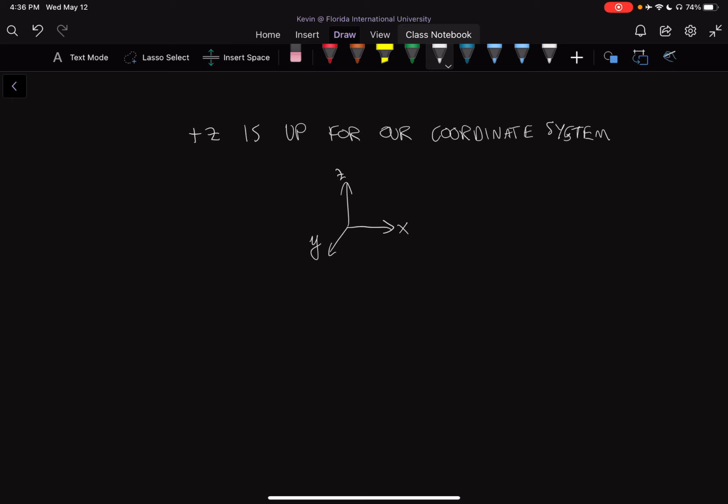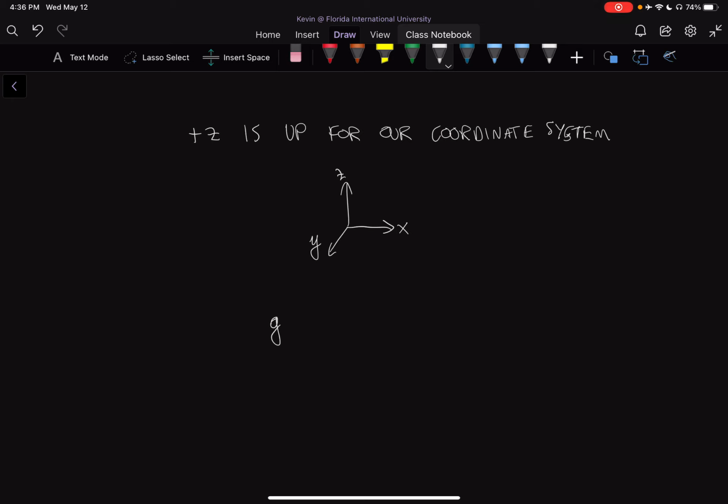So if we look at gravity and the direction of gravity, gravity is occurring in which direction? Can you tell me? Gravity is acting down. So it's not acting up, right? It's acting down, so it's going to be acting in the negative z direction.